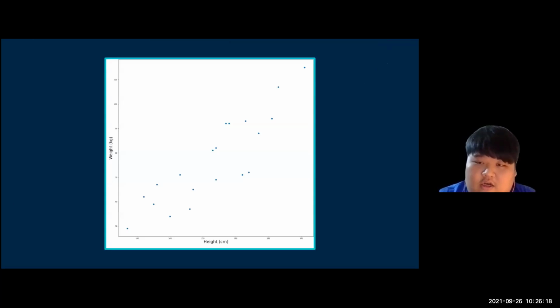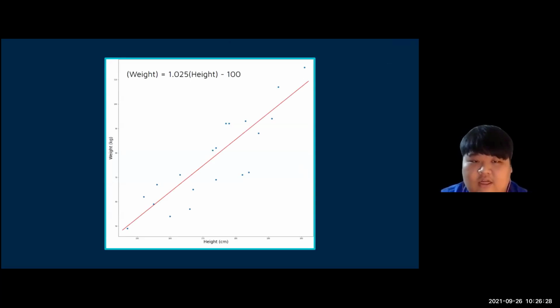So let's make some function and draw it on the scatter plot. Here's the scatter plot we saw on the previous slide. Let's just assume any constants. Let's say the function is weight equals a slope of 1.025 times height minus 100.